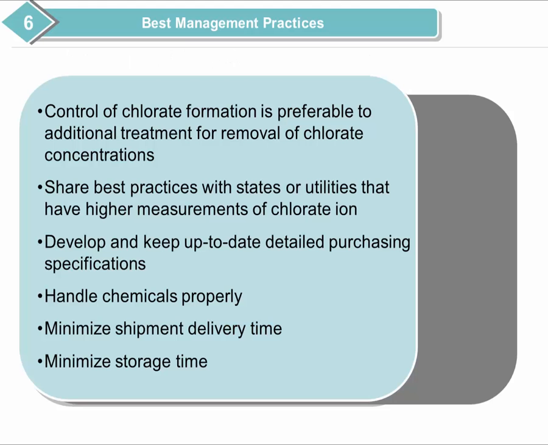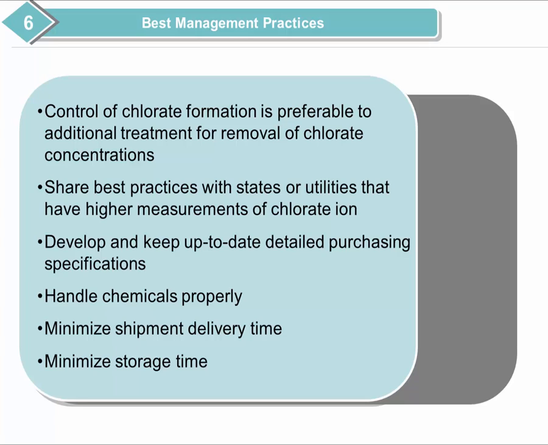Storage time of chemicals should be minimized, both from the time of manufacture to delivery and from the time of delivery to use at the public water system, in order to reduce chlorate formation in static solutions of sodium or calcium hypochlorite solutions.